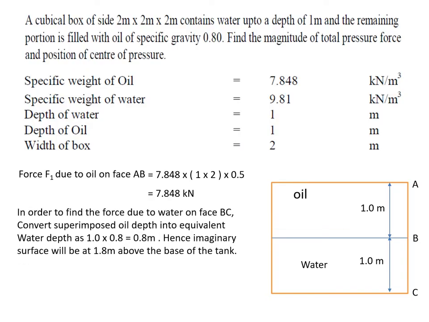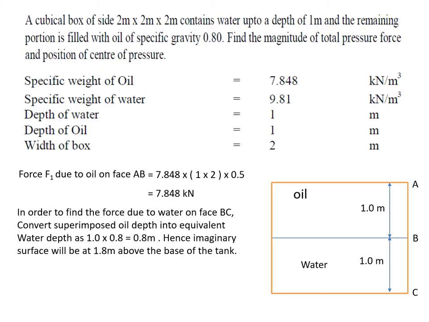Next, in order to find out the force F2 on BC, there is a free surface at A, but since the superimposed liquid is oil, whereas the bottom liquid is water, in order to use the formula omega A X bar, you should have one common liquid.